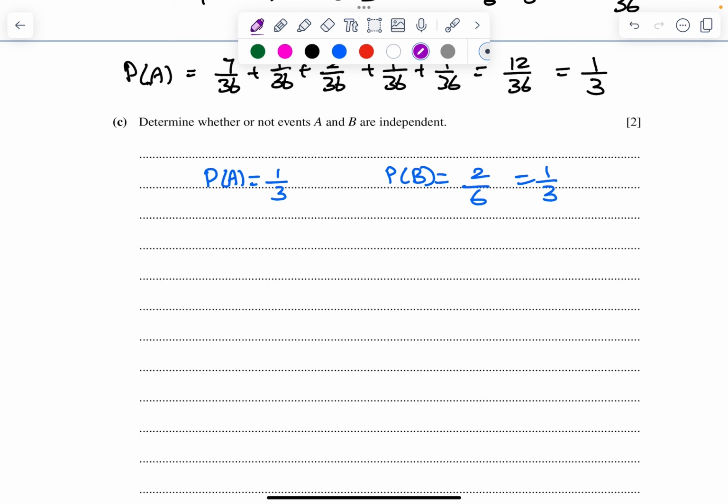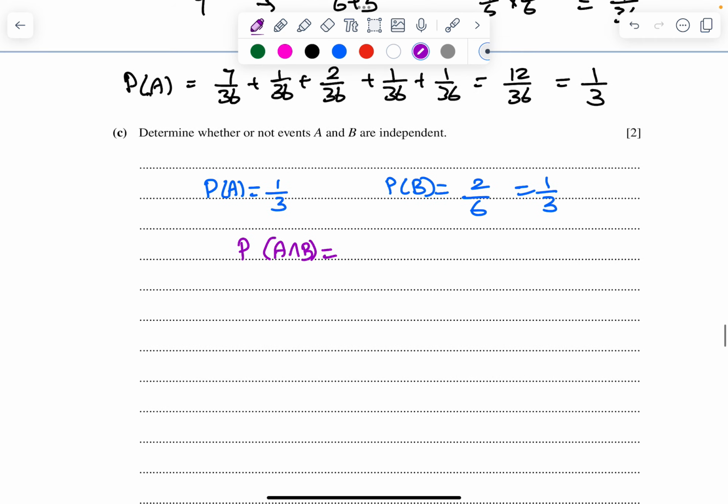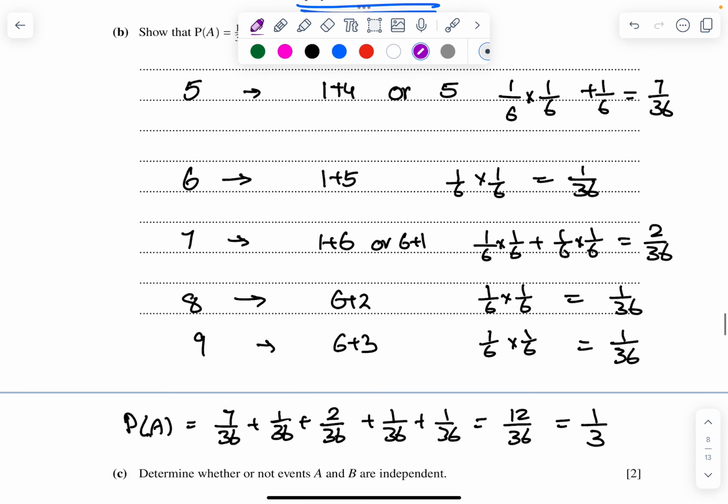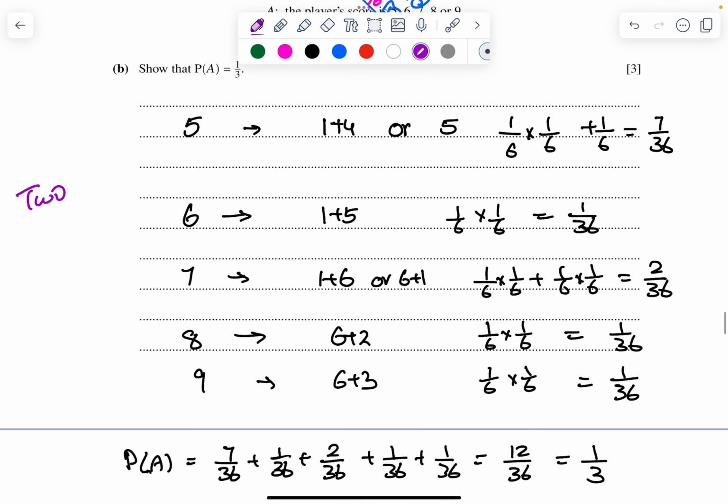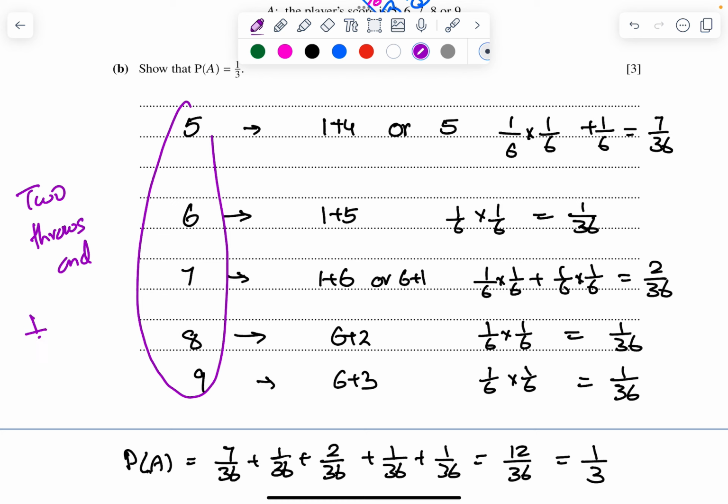Now the probability of A intersection B. What is the meaning? He has 2 throws and he should be getting one of these numbers. 2 throws is 1 upon 3, and one of these numbers.